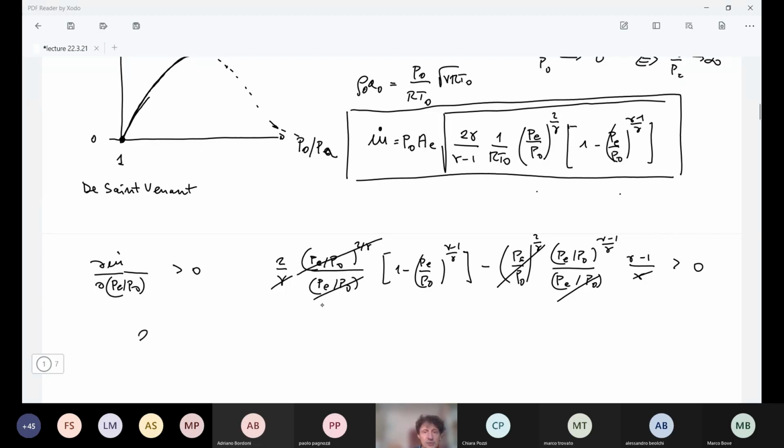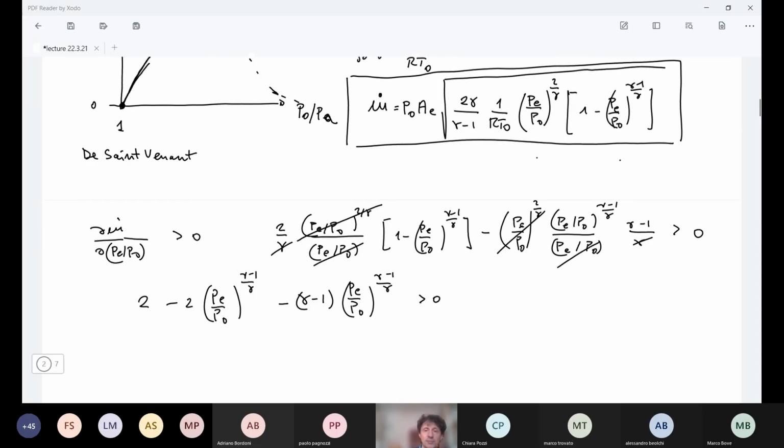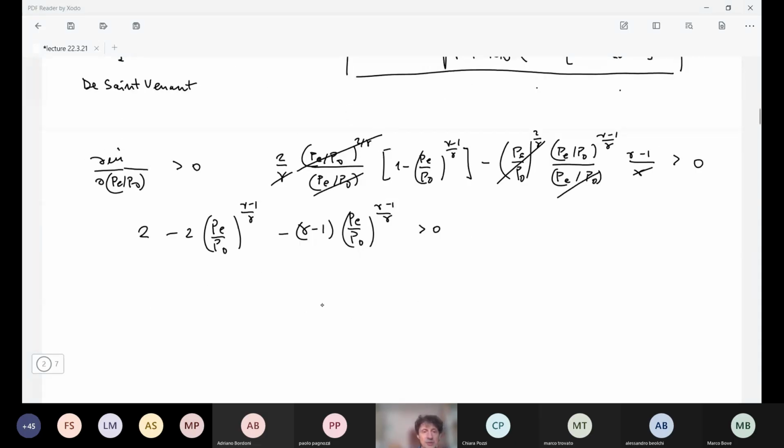We have 2 minus 2 Pe over P0 to the gamma minus 1 over gamma, and then here minus gamma minus 1 Pe over P0 to the gamma minus 1 over gamma. So I can put together terms with P over P0.